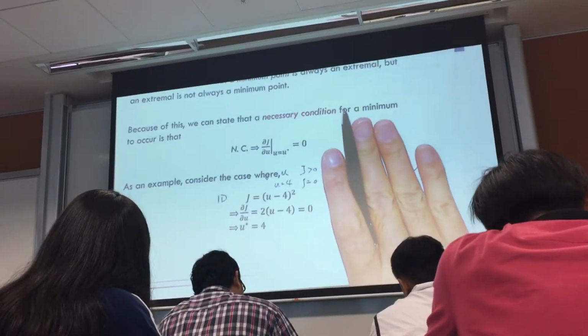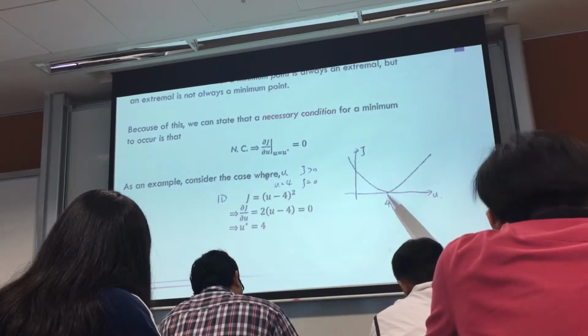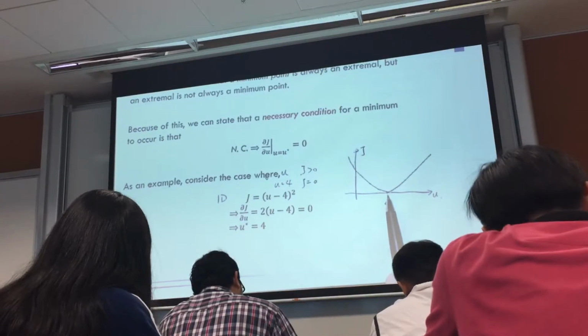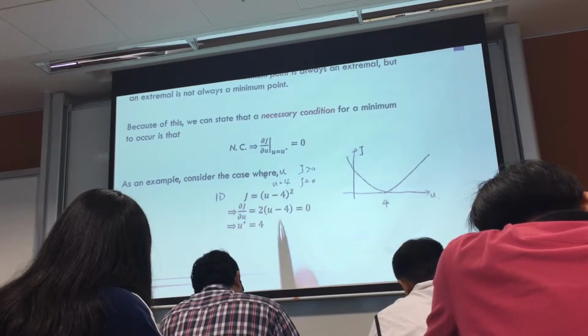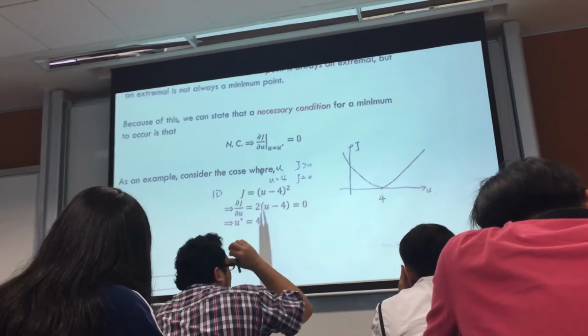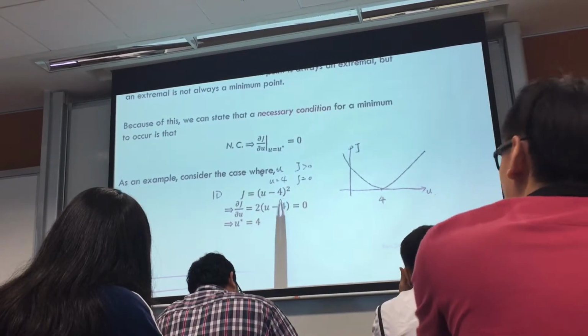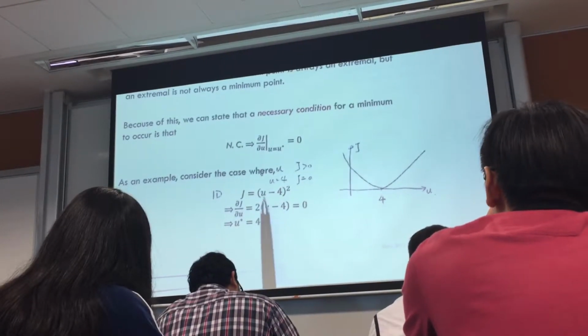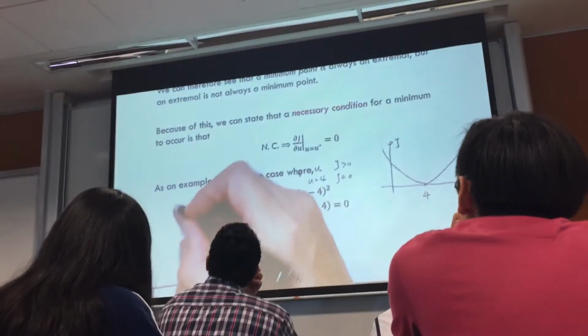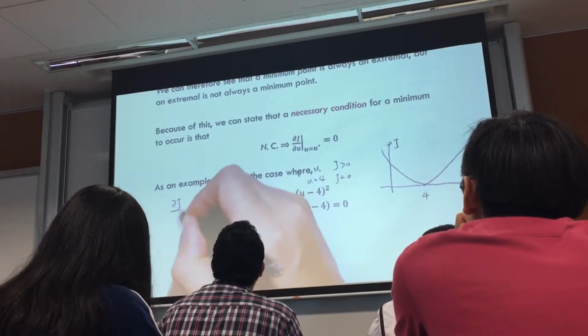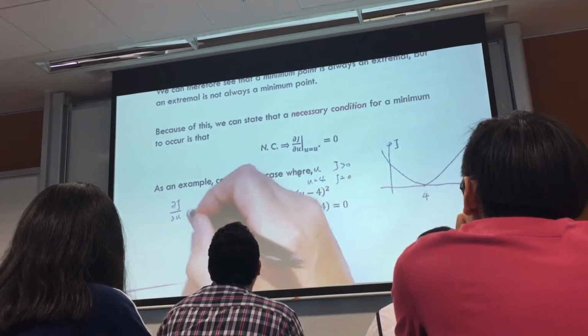But before we do this, how can we determine the location of the extremum? The standard mathematical method is to calculate the derivative and set it equal to 0. So we can calculate this dJ/du.